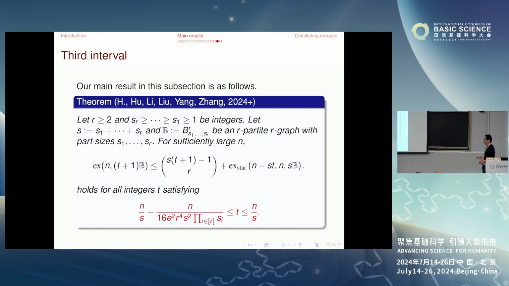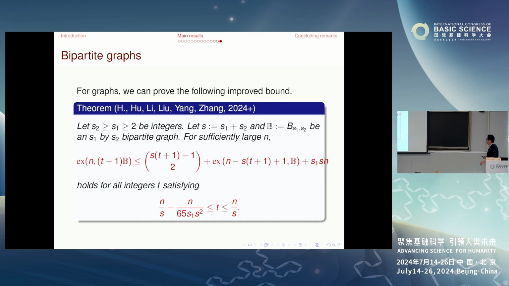Even for B a four-cycle, we don't know the extremal bound, which is okay. For graphs, we can have a better bound. Also, the upper bound for the sufficient plus one of B is also an upper bound, and this one we can do better.